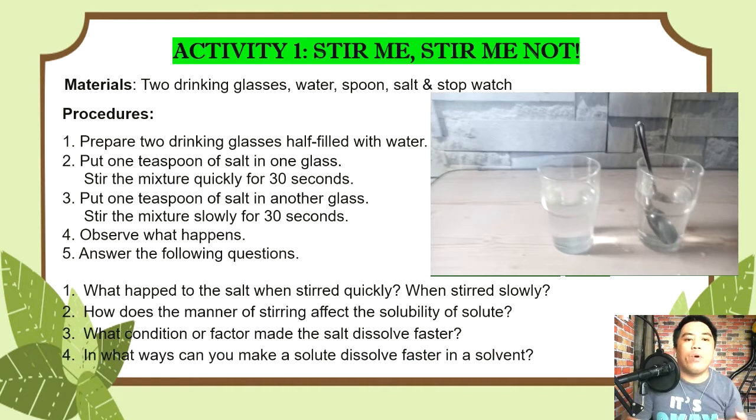And number 4, in what ways can you make a solute dissolve faster in a solvent? So, sa pamamagitan ng activity na ito, paano nyo daw mapabilis ang pagkatunaw ng solute sa ating solvent? Okay, so kayo nang magsagot niyan. Hindi na ako magsasagot para at least malaman ko kung naintindihan ninyo ang ating activity. Okay? So let us proceed to activity 2.